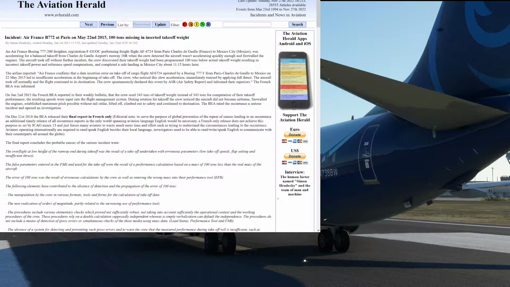Now, the crew did a good job in preventing that from happening. However, their actions of firewalling the thrust levers and therefore establishing maximum thrust did also expose the aircraft to additional tail strike risk.